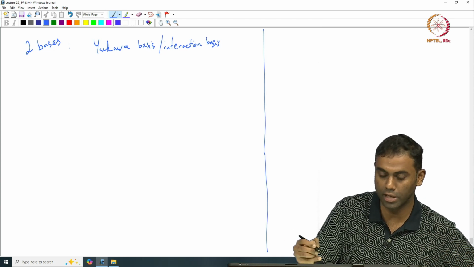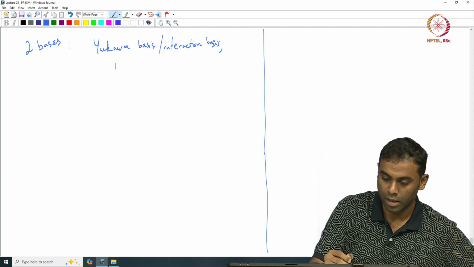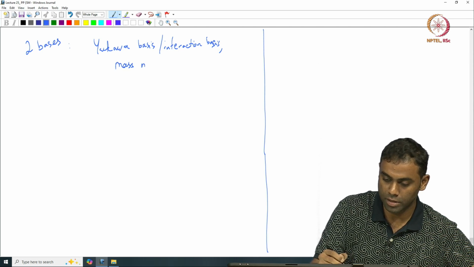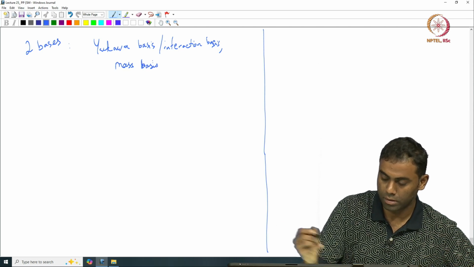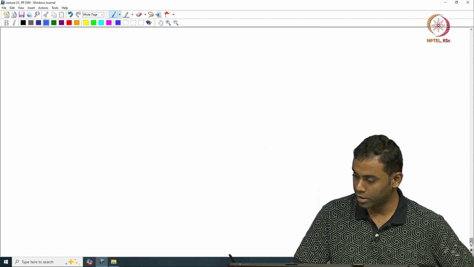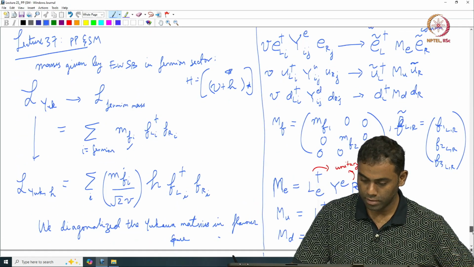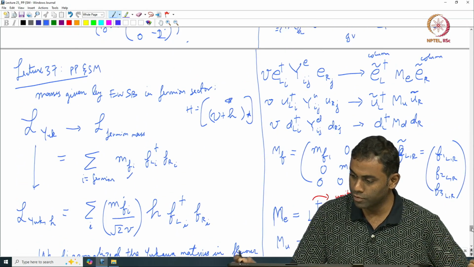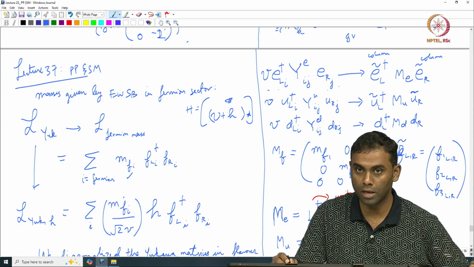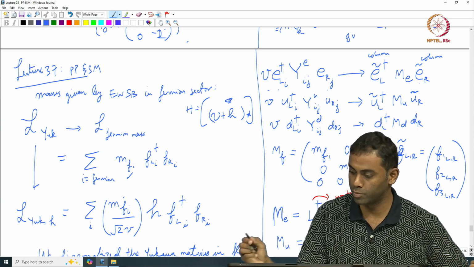Here it means interaction with the Higgs, okay, and the other is the mass basis. Agreed? I have written fields. We started out with fields that look like this, that is the Yukawa basis, then we went to the mass basis, correct.